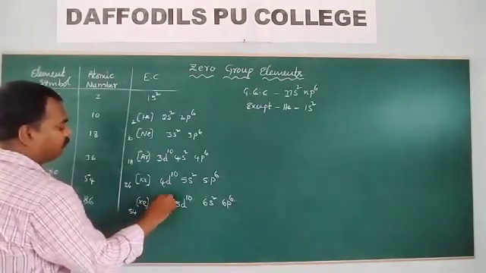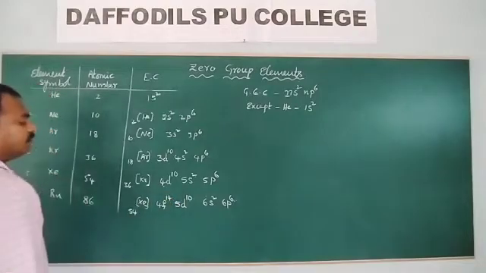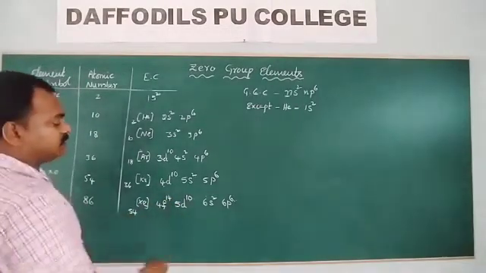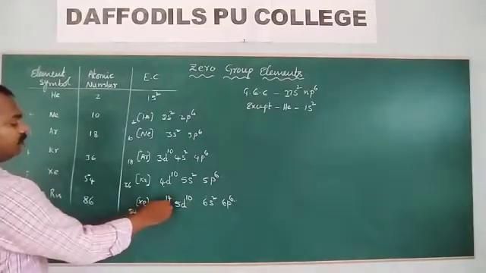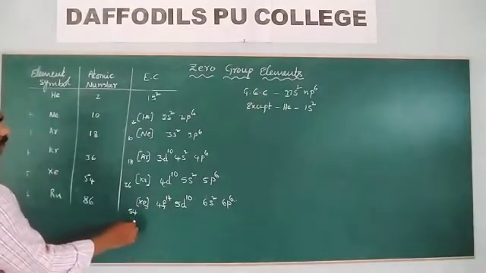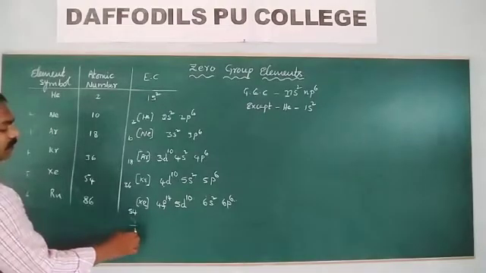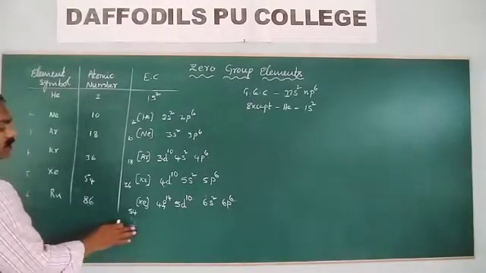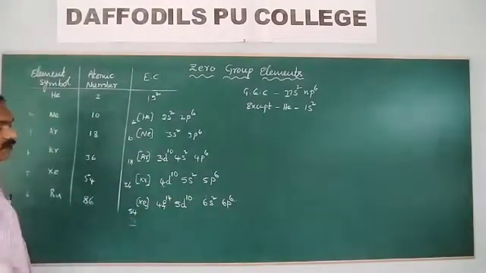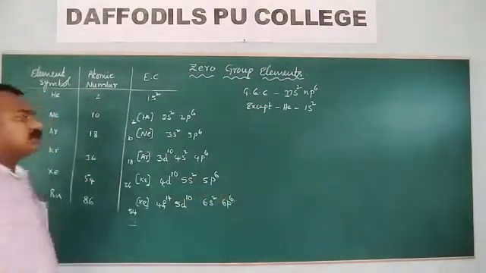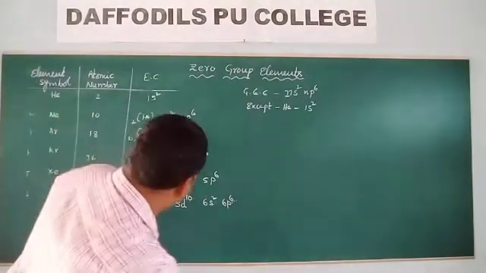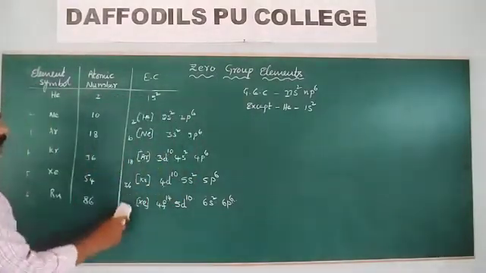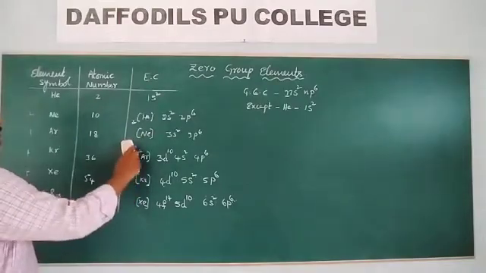So this is 4f14. So 54, again 14, then 5d10, 6s2, 6p6. Count: 68, 78, 80, 86. So this is the electronic configuration of inert gases.